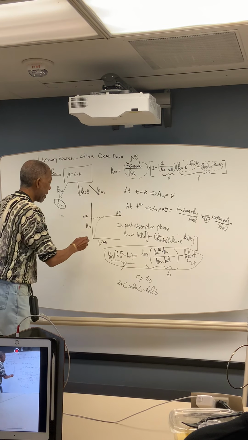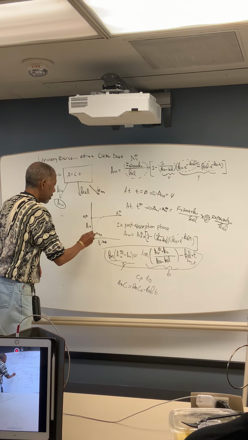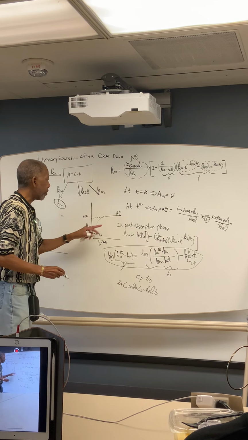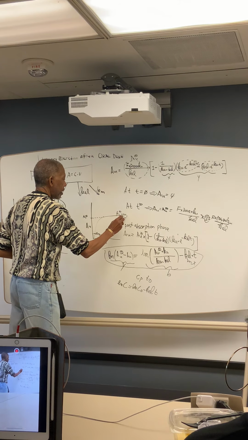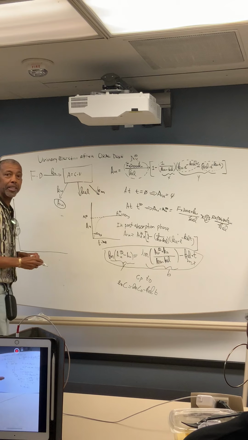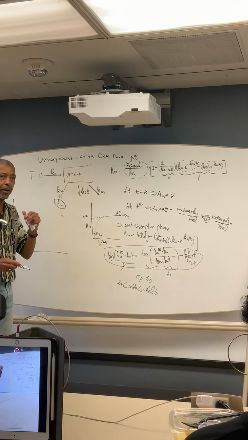Then AU infinity minus AU would be 100 minus 10, that'd be 90. So on my semi-log paper, I just plot 90 milligrams. I don't plot the logarithm of 90 on my semi-log paper.